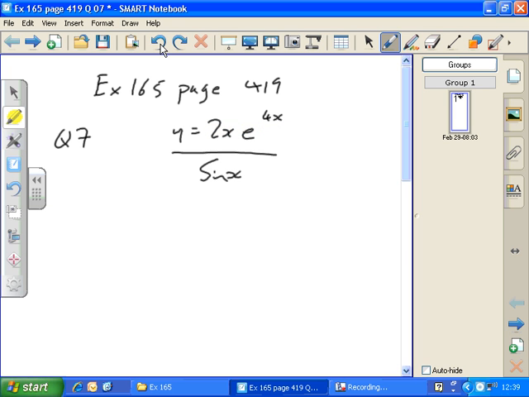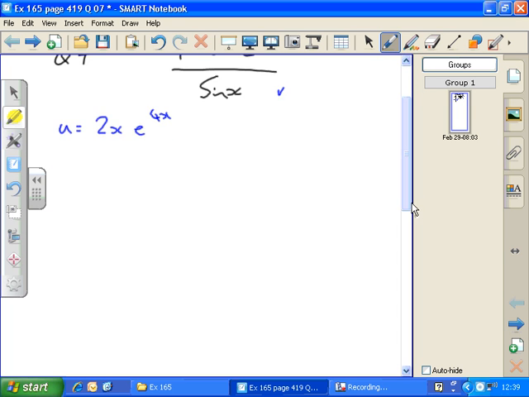So what we have to write down is we let u equal the top bit and v equal the bottom bit as usual. So u equals 2x e to the 4x. I've got to differentiate this. What I need to do is to think of this as a product rule.